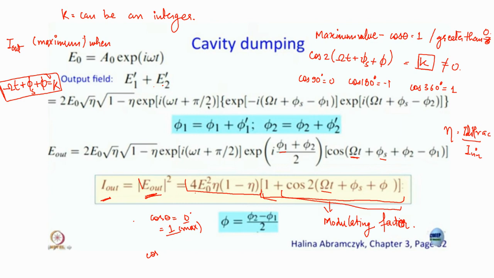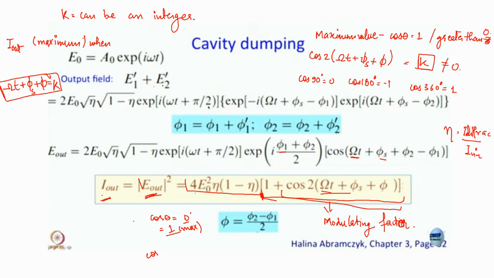Now again, the factor that governs whether we get a maxima or minima is only this one, because the others are constant. If you talk about the maximum value of cos, the maximum value of cos is 1. But if you talk about 1, then you need to keep all of these 0.